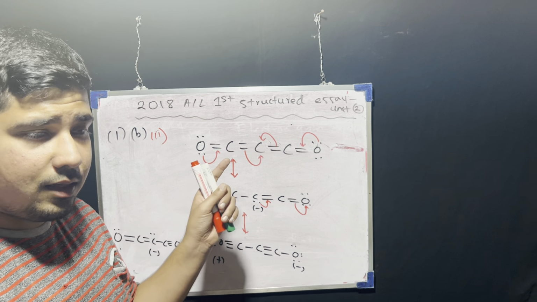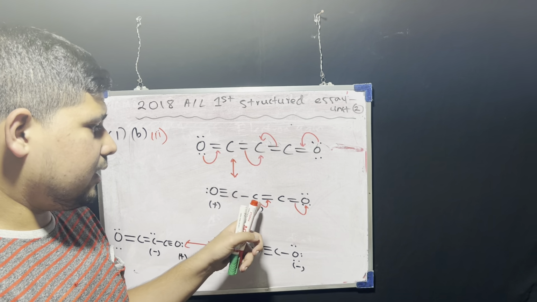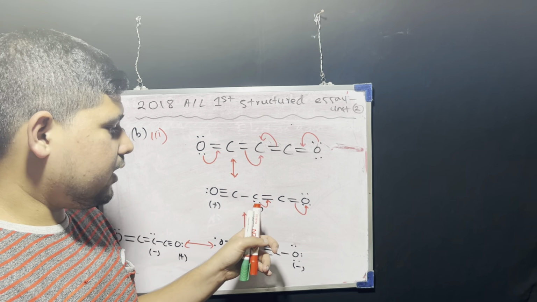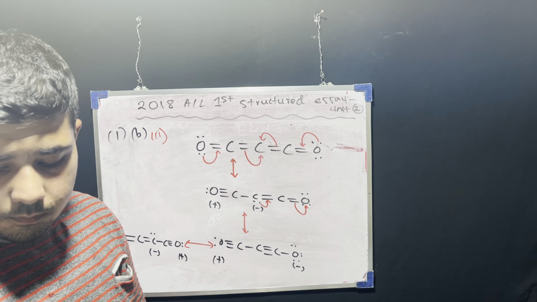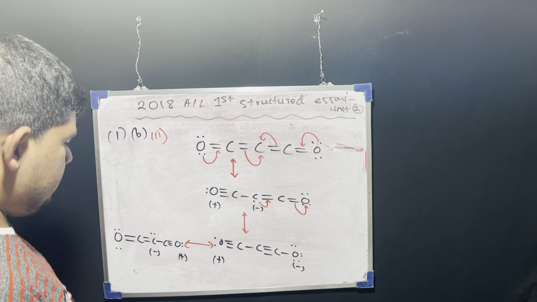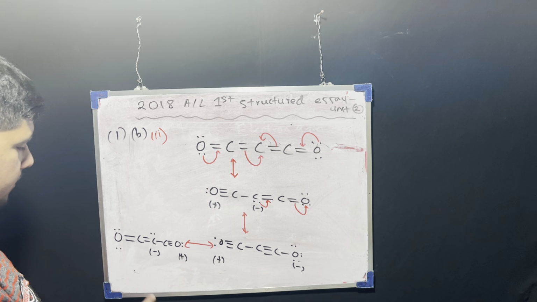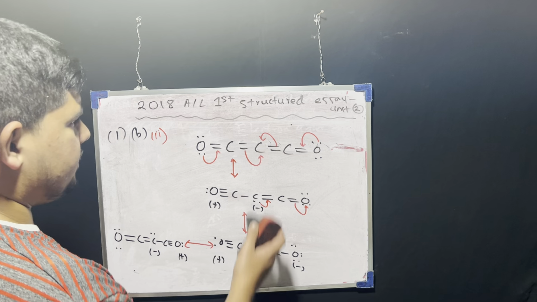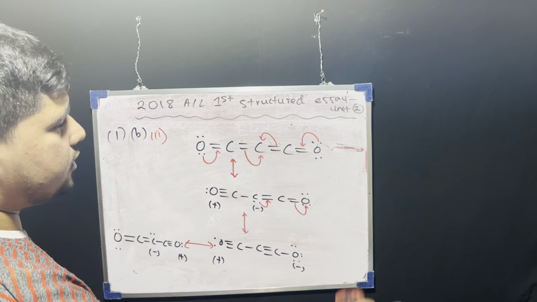The other reason is that the less electronegative carbon containing a negative charge is unstable. Okay, and this is also an unstable structure. This is somewhat stable, and this is an unstable structure. This is a stable structure. Here, no charge distribution.